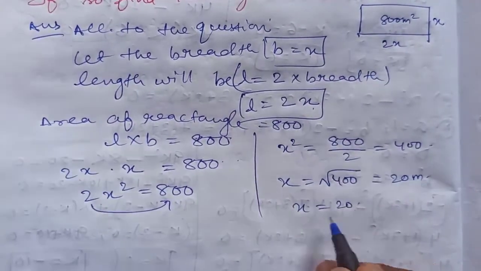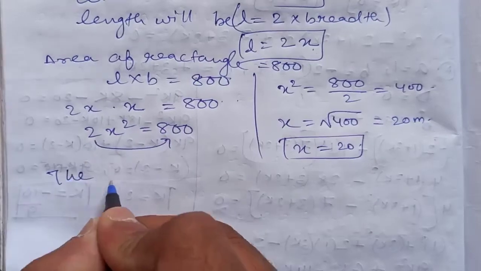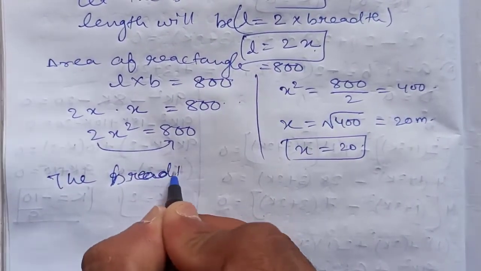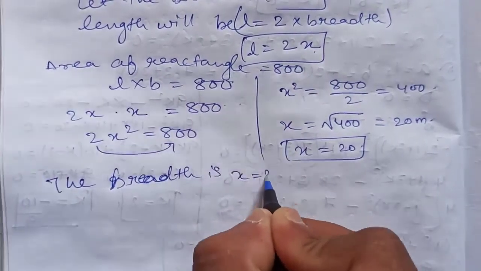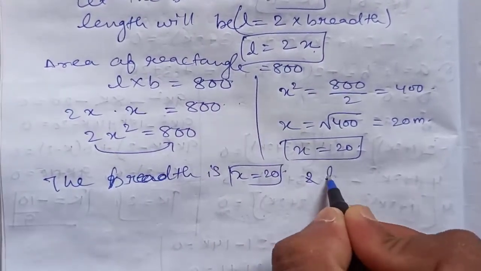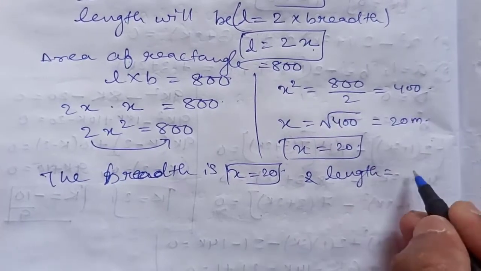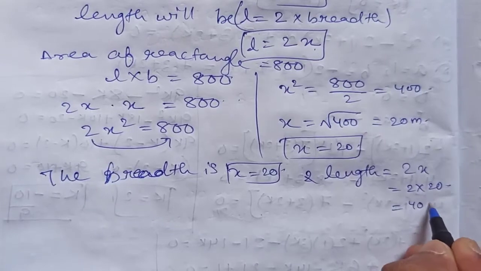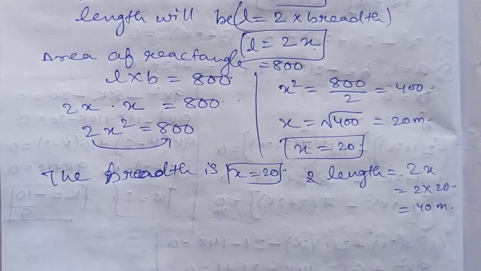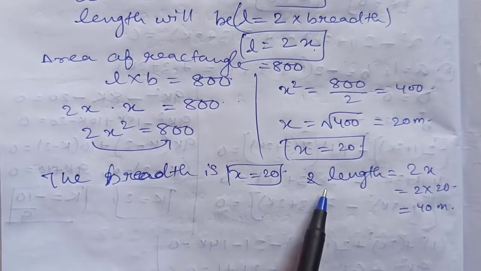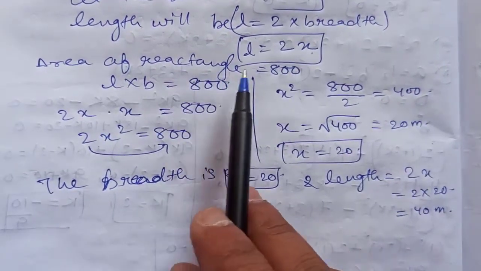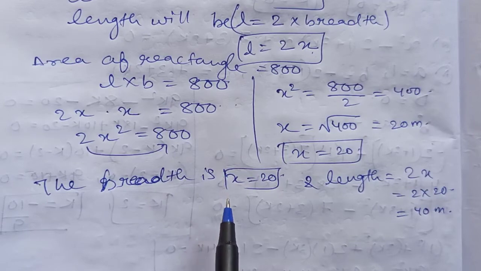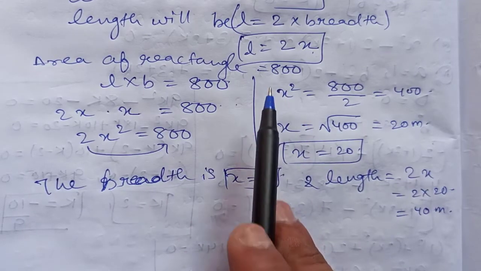So the breadth is x equals 20, and the length is 2x, that is 2 into 20, 40 meter. In this way we can easily get the breadth and length by using the statement of the question, and it is possible to prepare a mango grove with area 800 meter square.